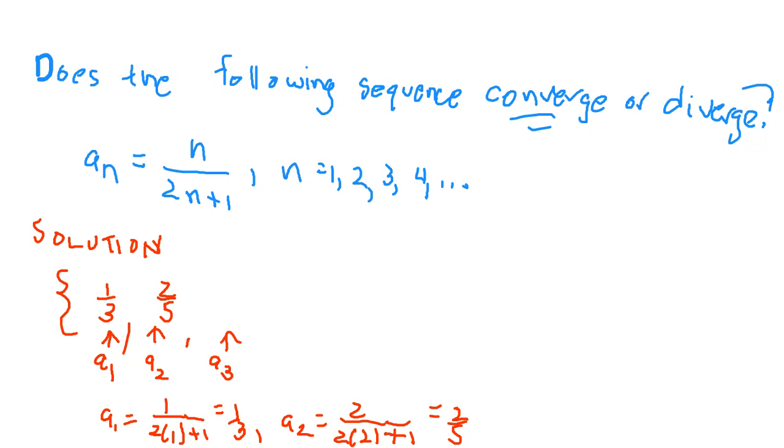Let's keep going. What's the third term going to be? 3 over 7. Good. All right, let's keep going. What's the next term going to be? 4 over 9. Good, Niya.